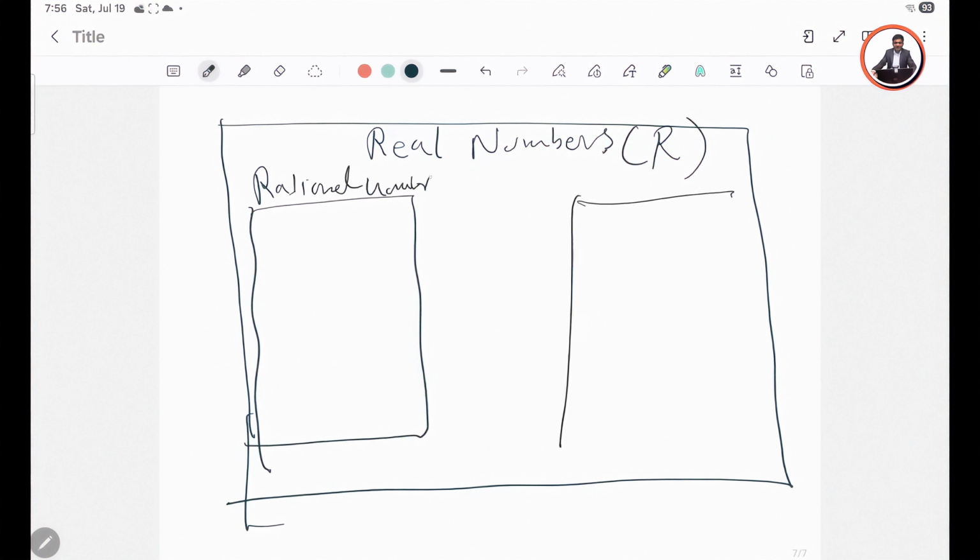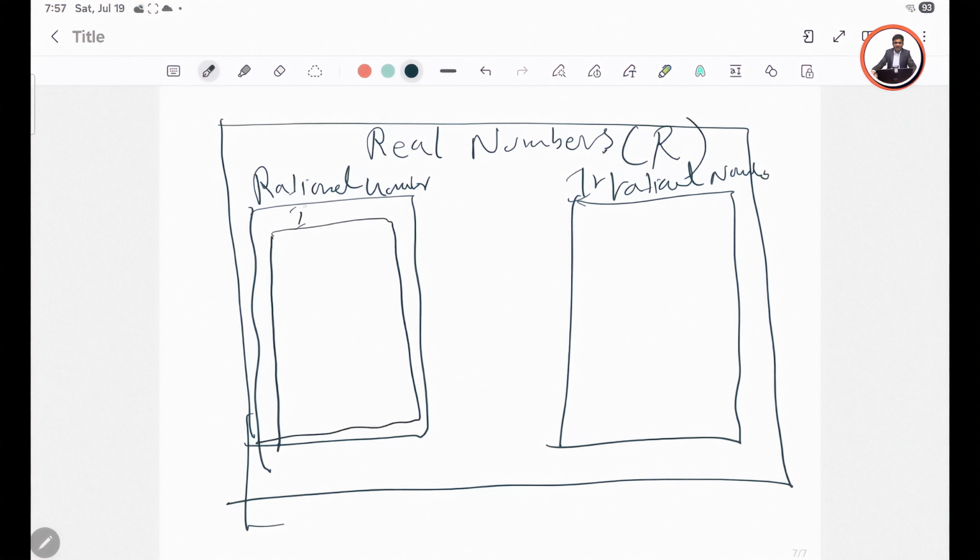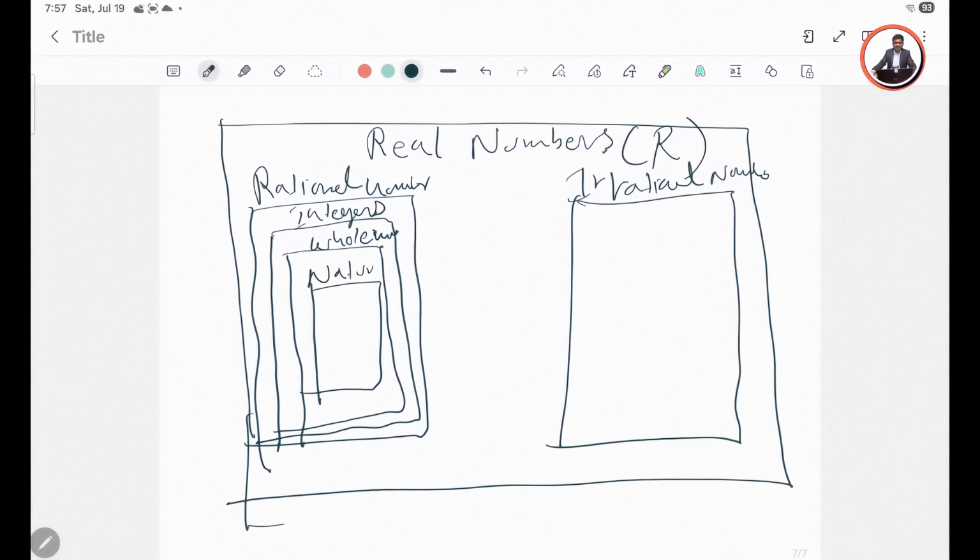And then also we have irrational numbers. So under rational numbers, we have integers, we have whole numbers, we have natural numbers.